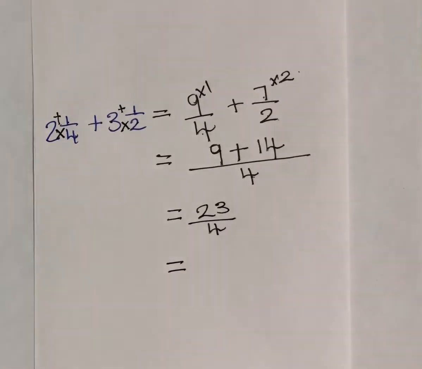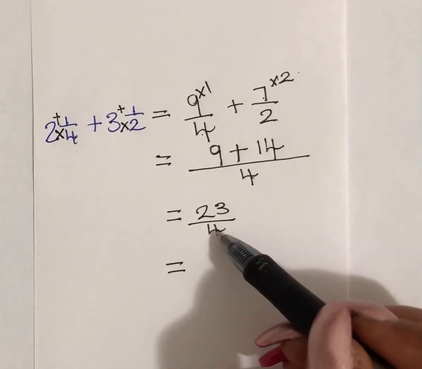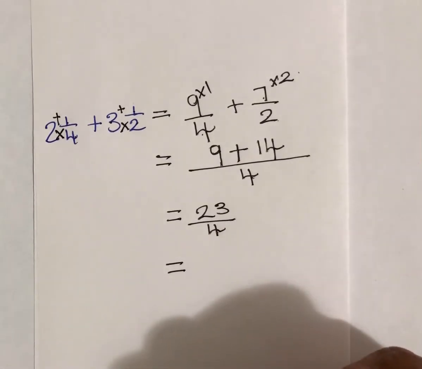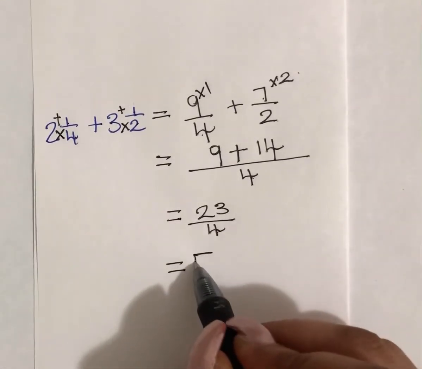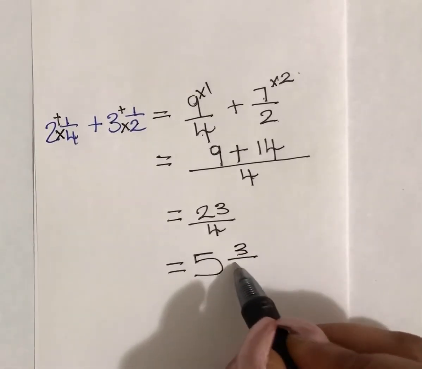Do not leave your answer as top heavy. We are simplifying. So where possible, we are required to change our top heavy answers to mixed fractions. Let's go ahead. How many times does 4 go into 23? 4 goes into 23 5 times, and we will have a remainder of 3.